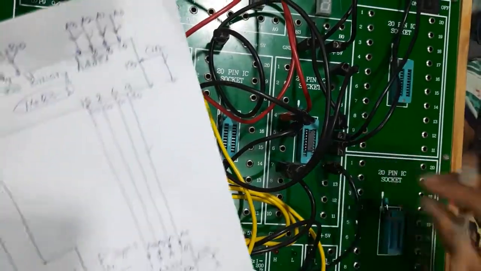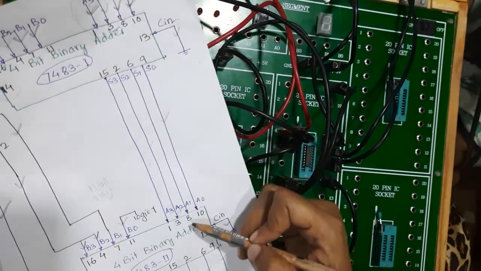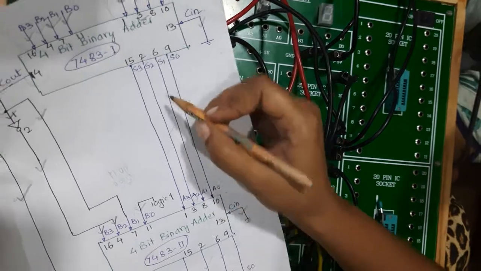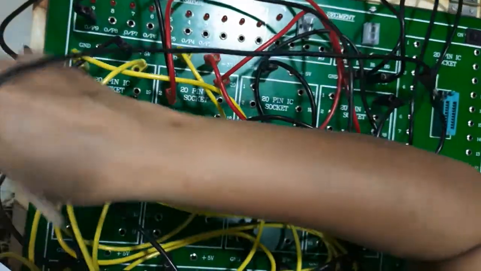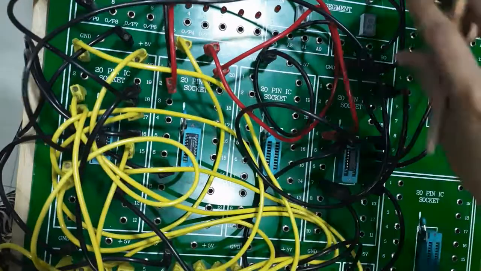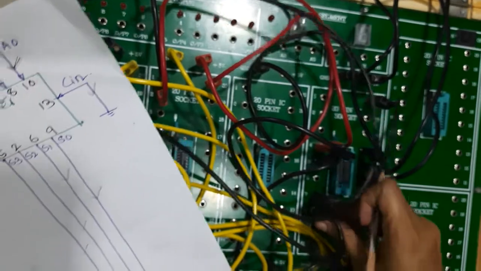So 8, 9, 10. So this part is done. The 6th pin of the first binary adder is to be connected to the 8th pin of the second binary adder. So we are on this. The 6th pin of this binary adder is to be connected to the 8th pin of the second binary adder.